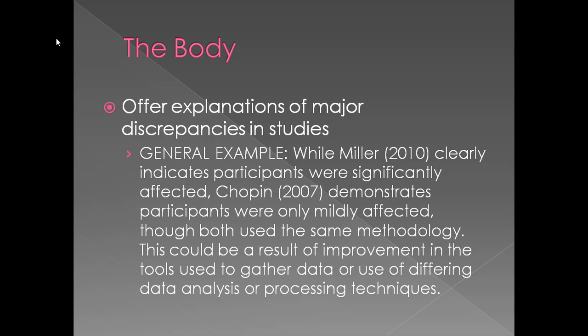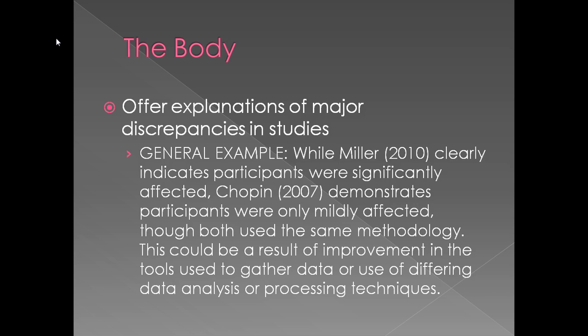Another thing that you may consider doing within the body would be to offer explanations of major discrepancies in studies. So, for example, while Miller clearly indicates participants were significantly affected, Chopin demonstrates participants were only mildly affected. Though both use the same methodology, this could be a result of improvement in the tools used to gather data or use of differing data analyses or processing techniques.